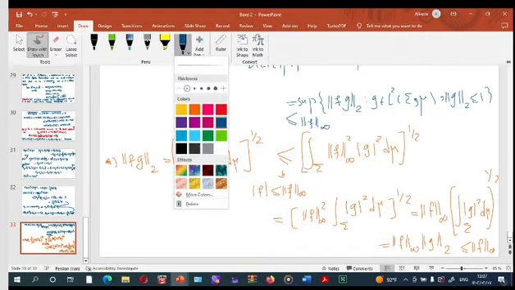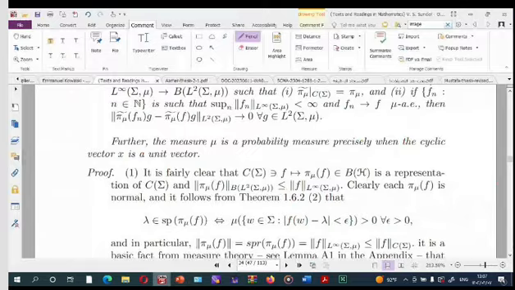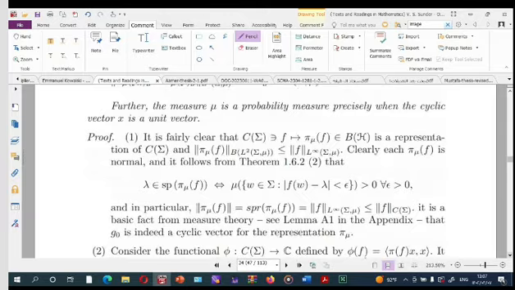This holds by a star, because all of this is less than or equal to this. So we see that the norm of P mu of F in B of L2 is less than or equal to the infinity norm of F. And clearly P mu of F is normal, and all of this is very trivial.